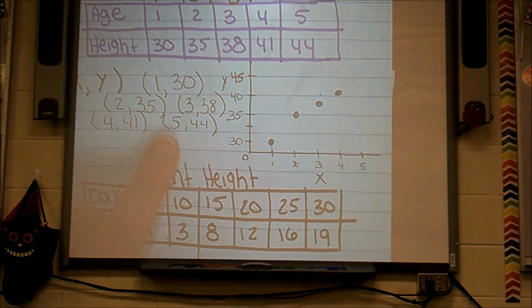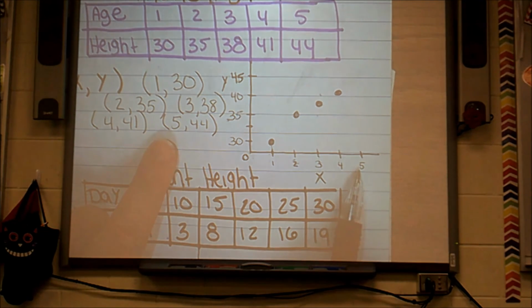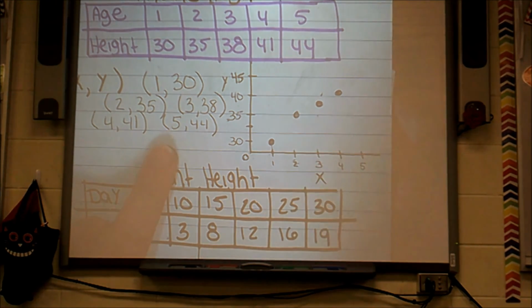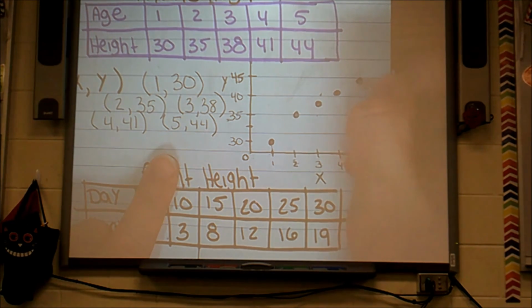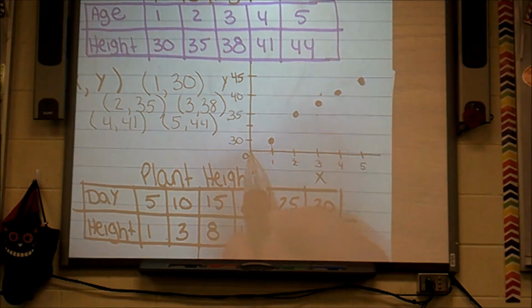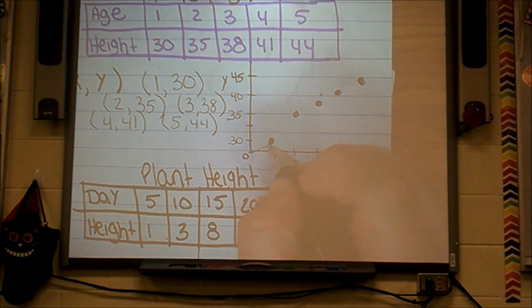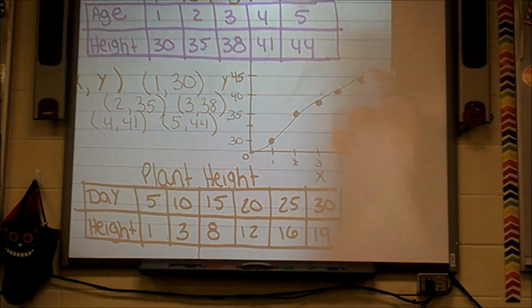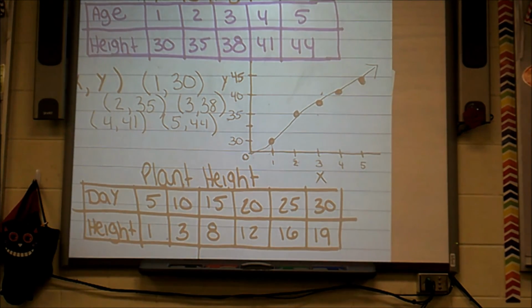And then when Ryan is 5, he is 44 inches tall, which is just under 45 inches tall. So I go over to the 5, and I go up to where the 44 is estimated to lie. So it looks like from the time Ryan is born, he does continue to grow, which is what normal people tend to do as they get older.